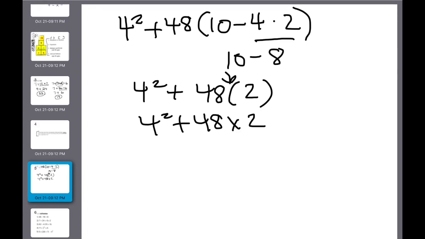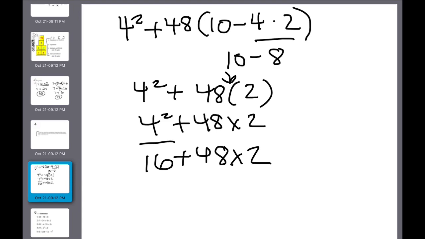So now we've done all of the operations in parentheses. So what comes next? Parentheses and then exponents. So here we see 4 squared, which we know is not 4 times 2, it's 4 times 4. 4 times 4 is 16. We're going to copy everything else, 48 times 2. So now we're left with 2 operations, multiplication and addition. We have parentheses done, exponents, and then we multiply and divide left to right, whatever we see first.